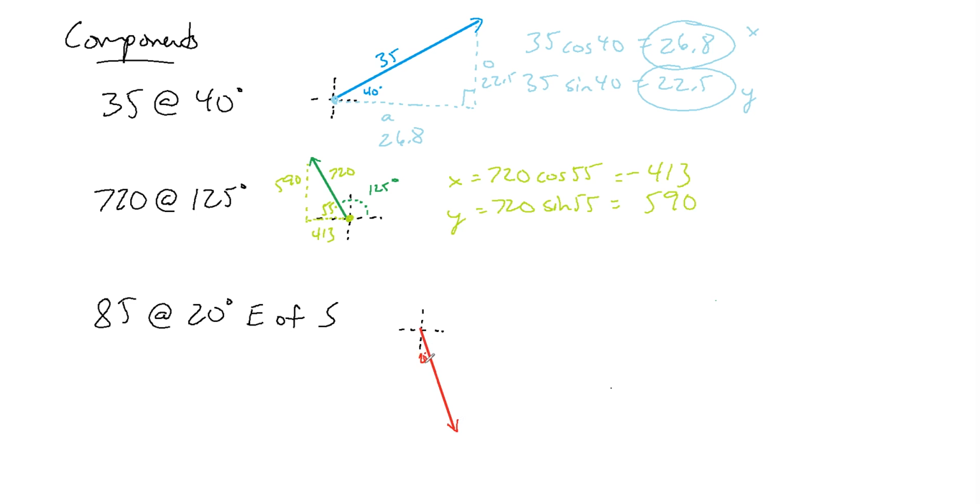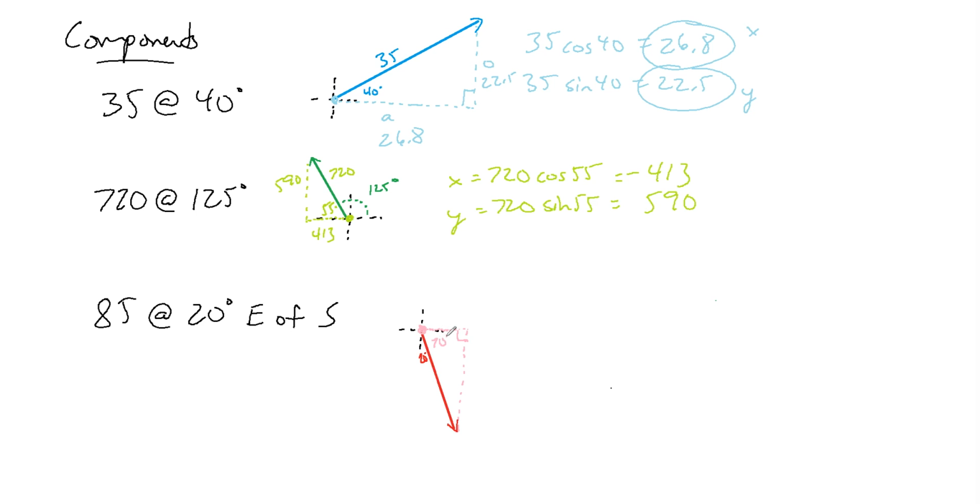I want to break this thing apart into how far sideways and how far up and down. Same as before, I'm going to start by drawing a triangle. This is where it started from. I'm going to go sideways first, to the right, and then straight down to make a little right triangle. Now, the same way as with the green one where I didn't want to use the 125, I don't want to use the 20 degrees. I want to use the 70 degrees.